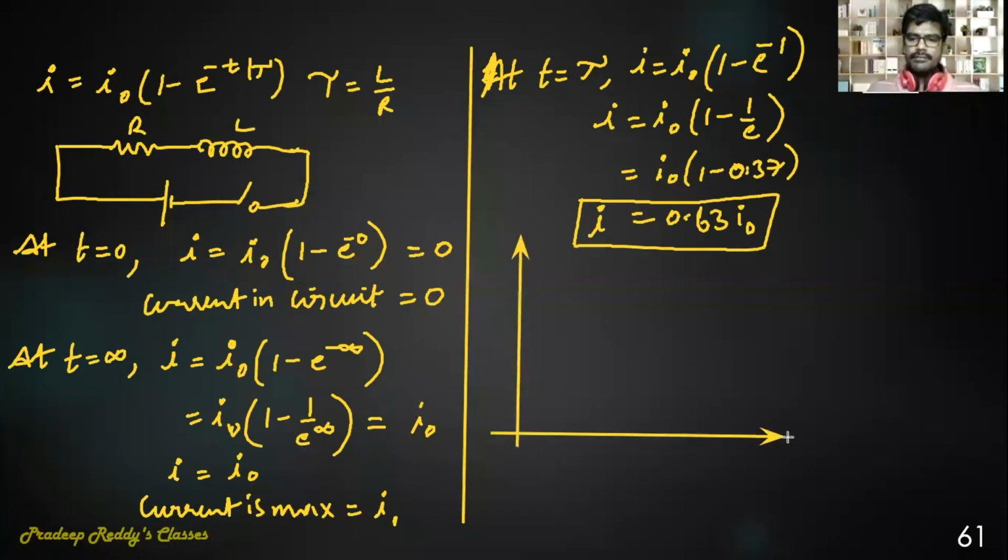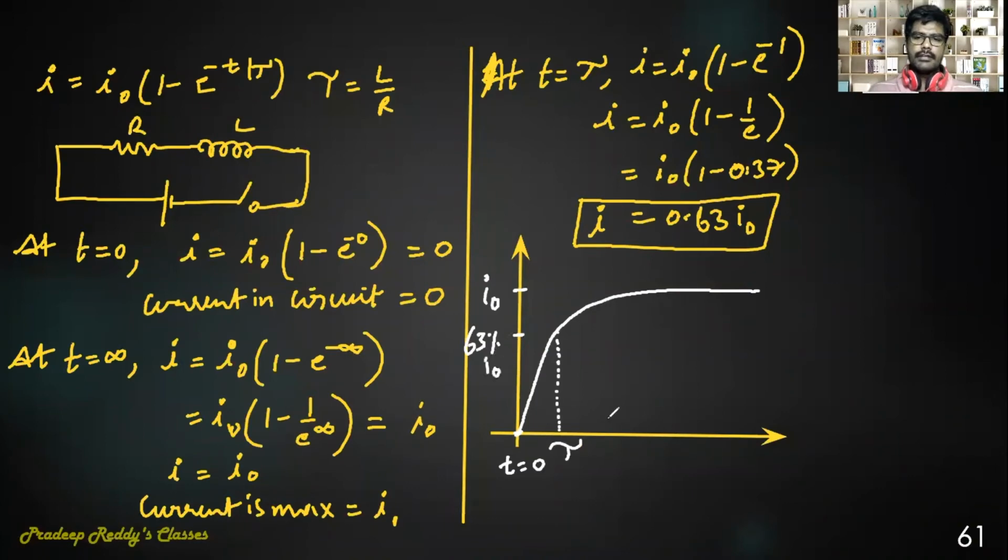If you plot a graph for that, it looks like this. At time t is equal to 0, current in the circuit is 0, and it gradually increases exponentially with respect to time. Finally, it reaches a fixed value, and that fixed value is I naught. After one relaxation time, the current has increased to 63% of the maximum current in the circuit.